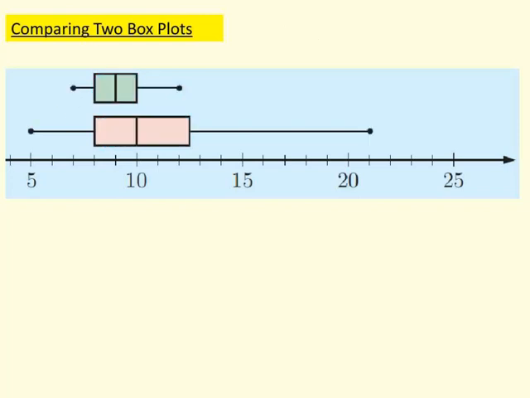Now, what was the other thing I was going to say? Okay, one thing to note about box plots is that because it's based on quartiles, each section of the box plot represents 25% of your population. So 25% are between the minimum and the lower quartile. 25% of the population are between the lower quartile and the median.